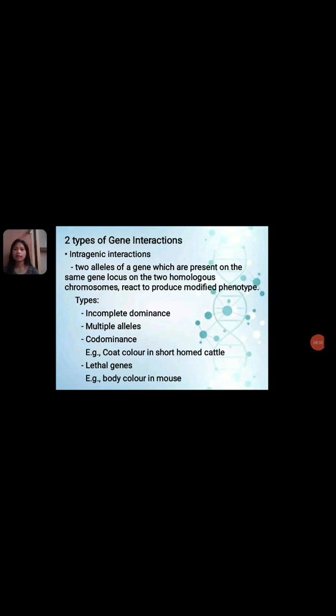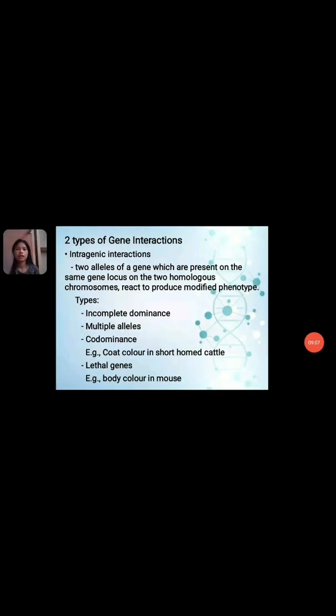Multiple alleles is when there are more than two alleles for a gene in the population. The phenotype depends upon which two alleles exist in a diploid individual. An example of codominance is coat color in shorthorn cattle, and an example of lethal genes is body color in the mouse.